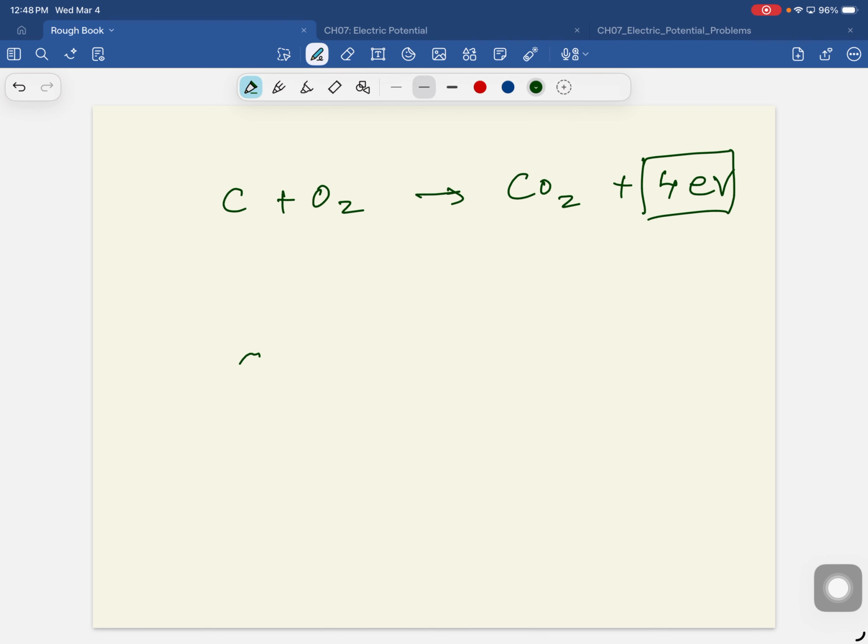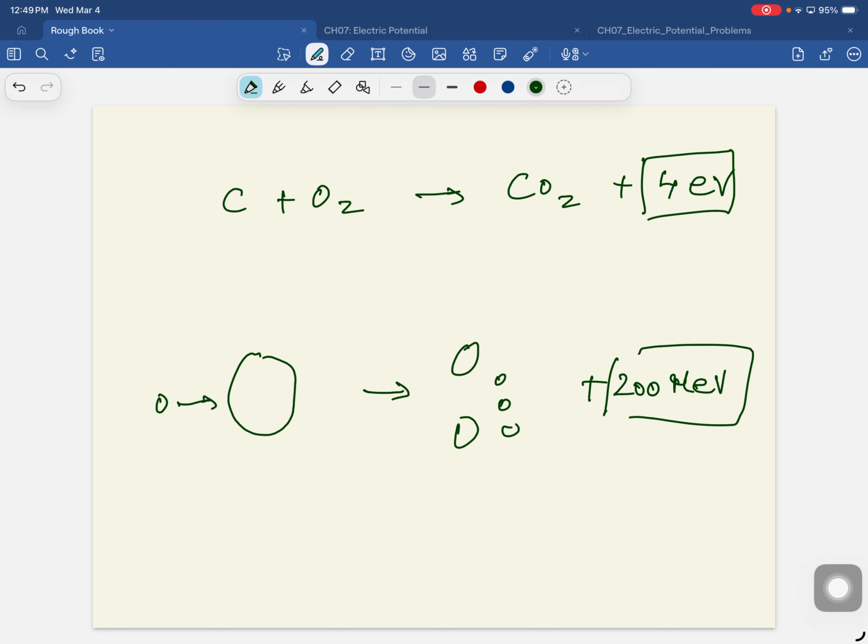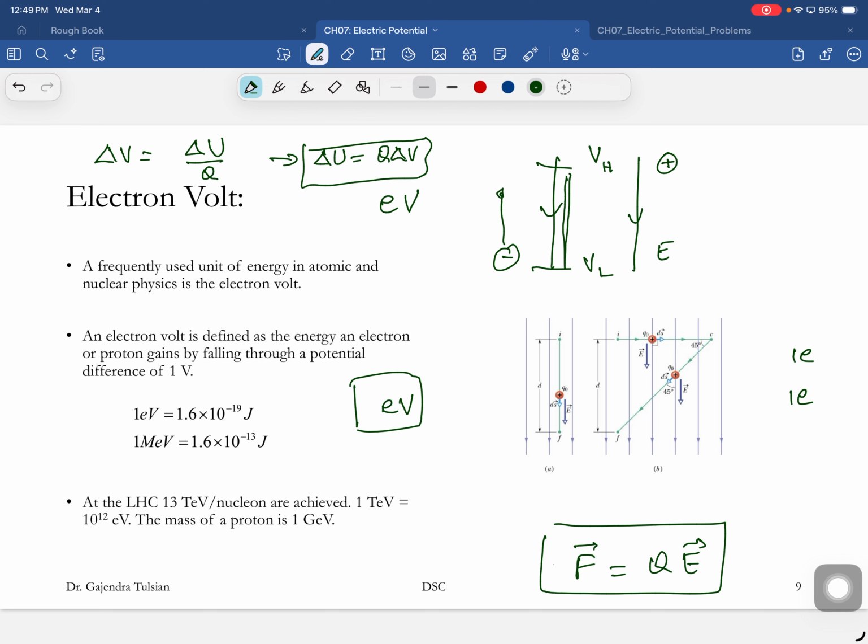If you mess with the nucleus, which we learned about, you gain about 200 MeV of energy. So what we're saying here is the following. All of chemistry is in the electron volt range.